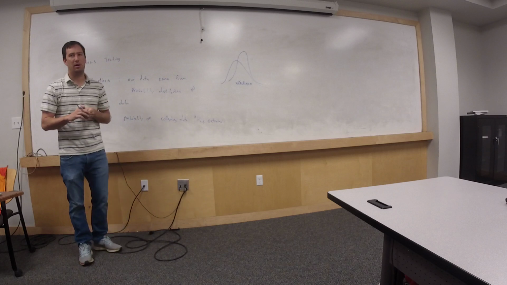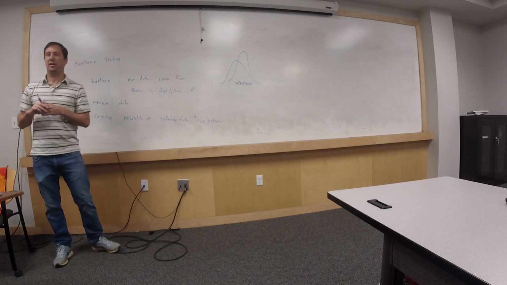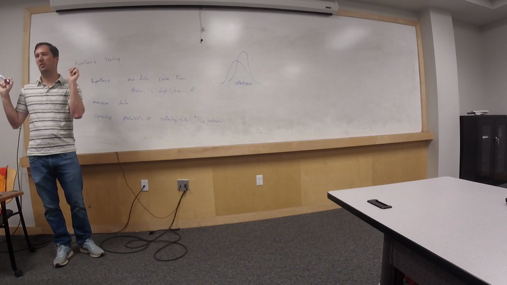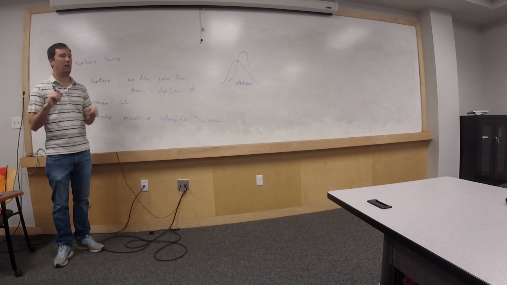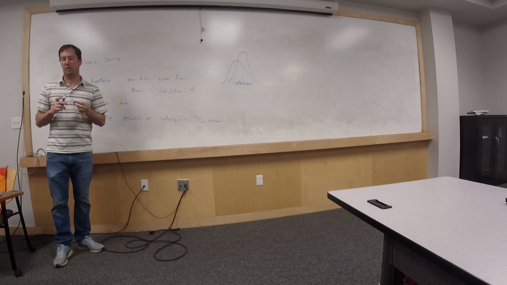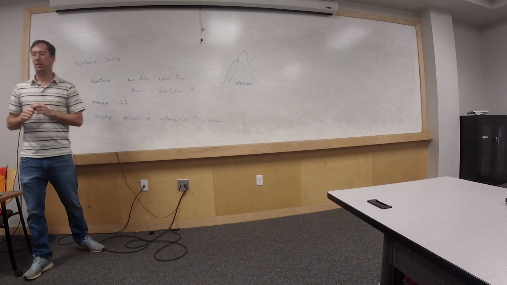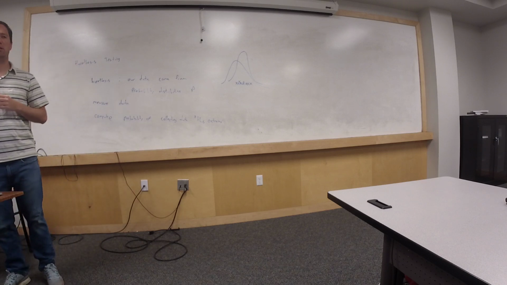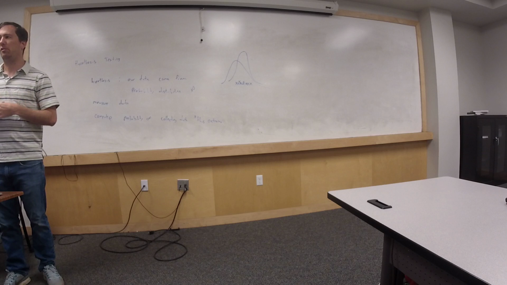If it is extremely unlikely to get data like this out of our probability distribution, we can conclude that our hypothesis was incorrect.